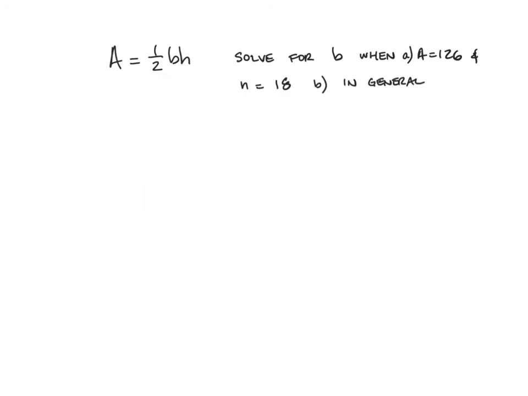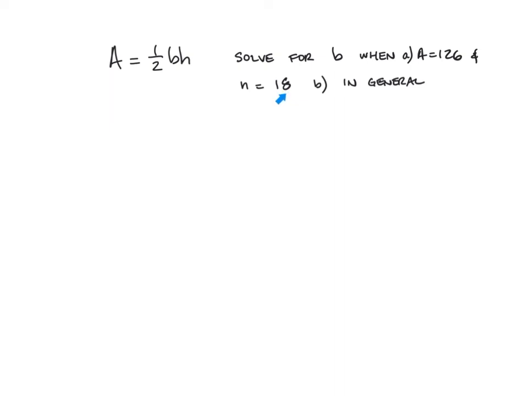So this is going to be a problem that's very similar to one that you're going to have on your practice set. Here's the equation that we're given. This is the equation that we use to calculate the area of a triangle. So the area is equal to 1/2 the base times the height. And then this says solve for b when a is equal to 126 and h is equal to 18.